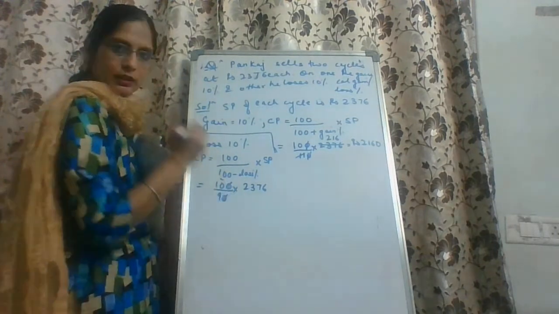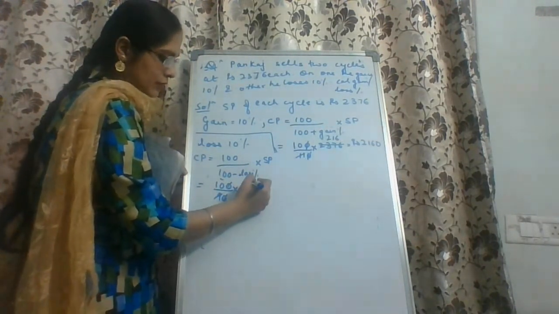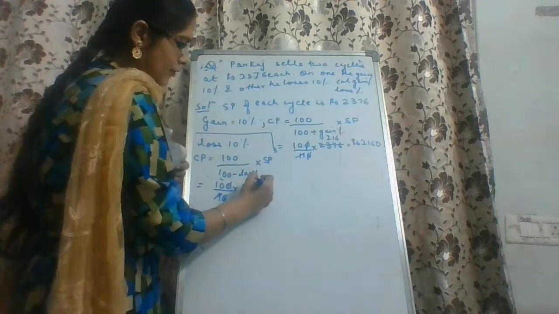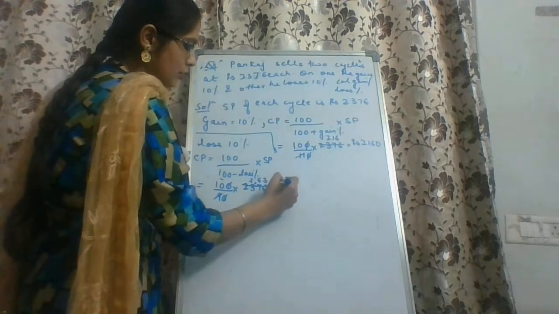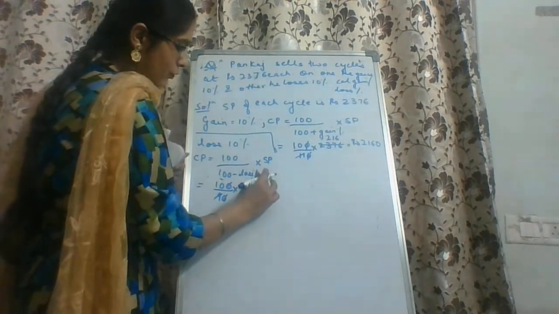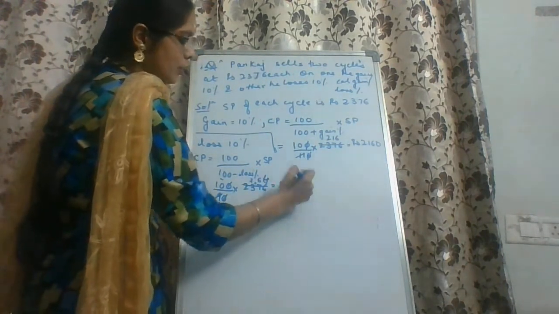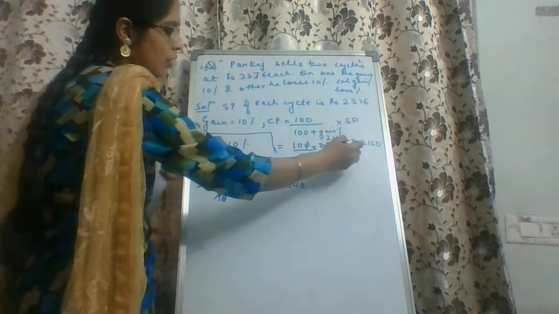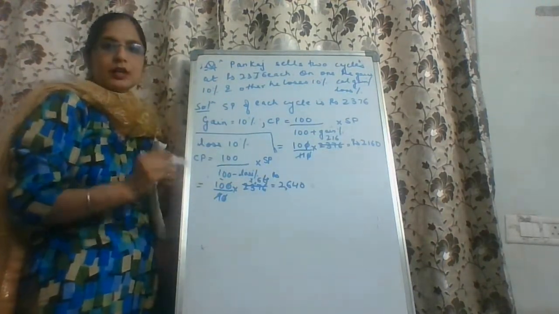This gets cancelled. 2 nines are 18, 9 sixes are 54 and 3. This is equal to 2640.